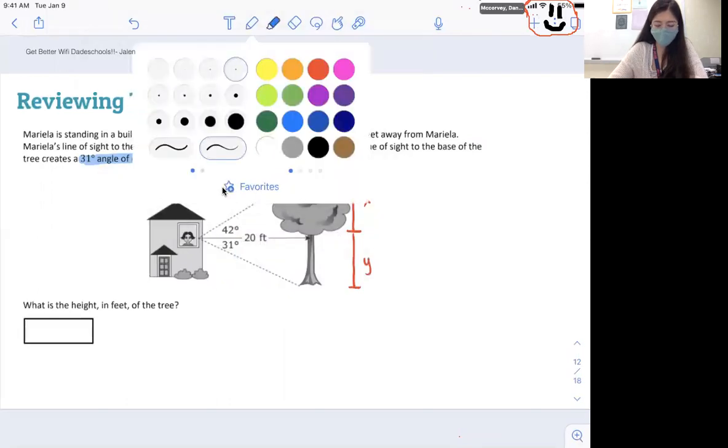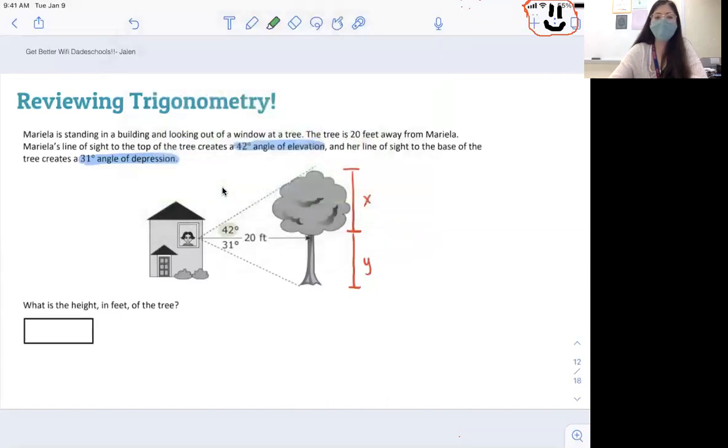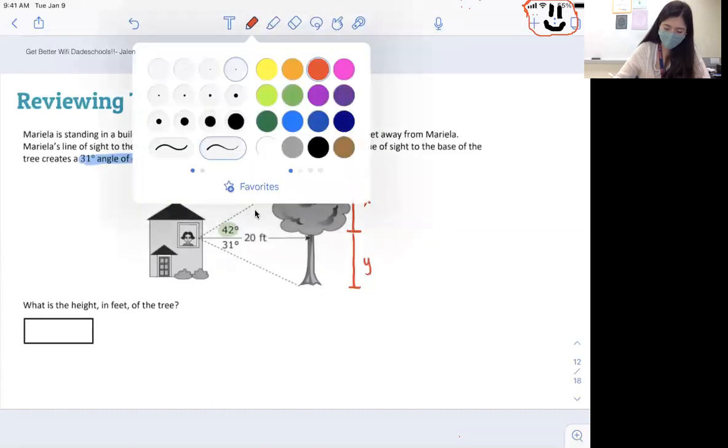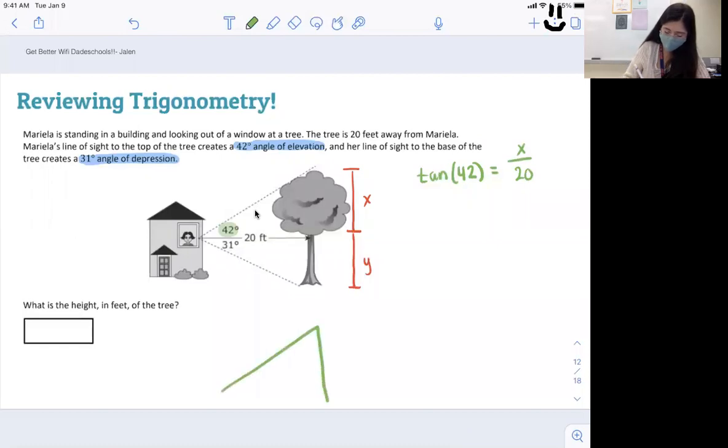It would be opposite over adjacent, it would be tangent. Tangent of 42 equals what? X over 20. Good. So if you're having trouble visualizing that, let me draw this triangle right here.